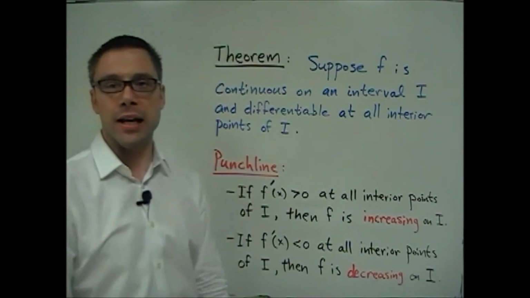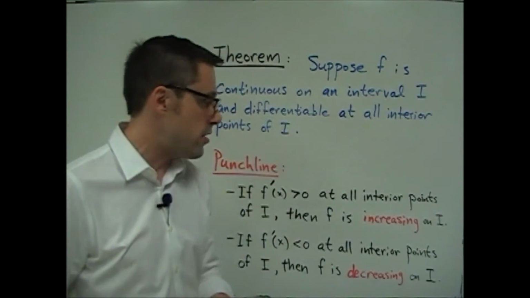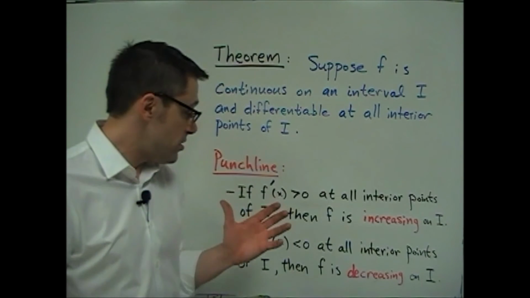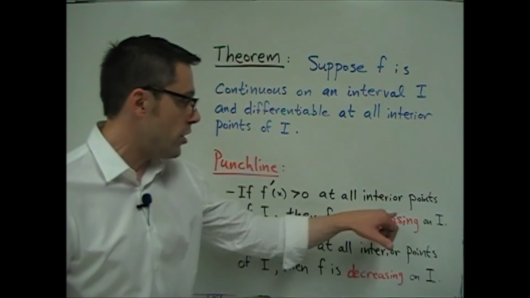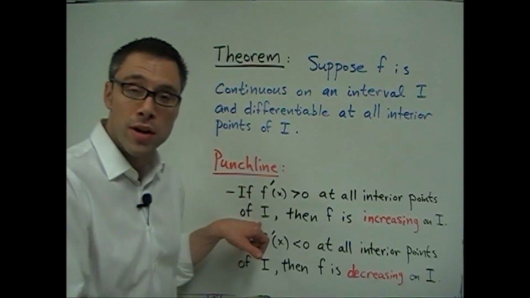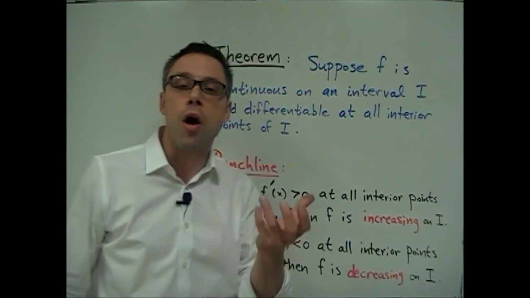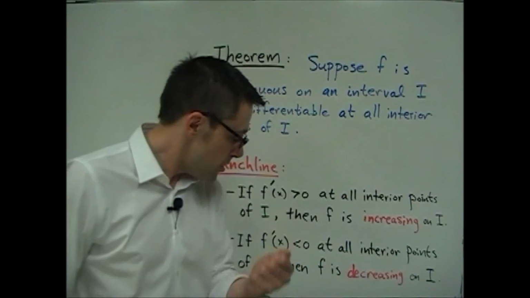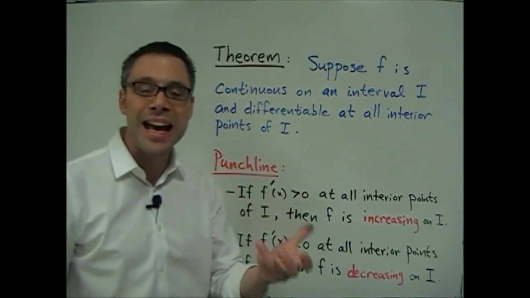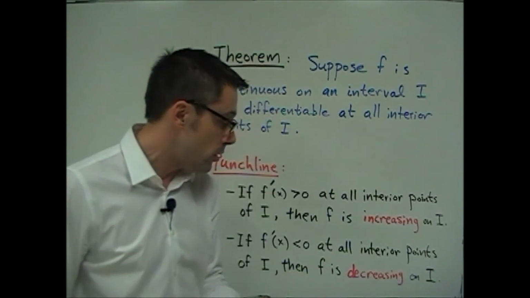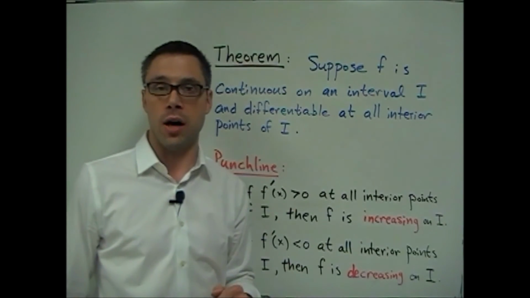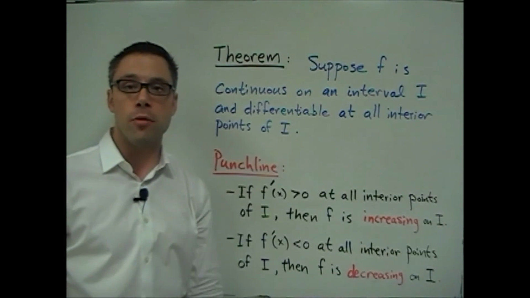So the punchline is that if we satisfy these conditions, then in particular, if the derivative is positive at all interior points of I, all the points inside of the interval, then f is increasing on that interval I. Similarly, if f's derivative is negative at all points on the interval, then the function is decreasing on I. Okay, so here we've summarized all of that.